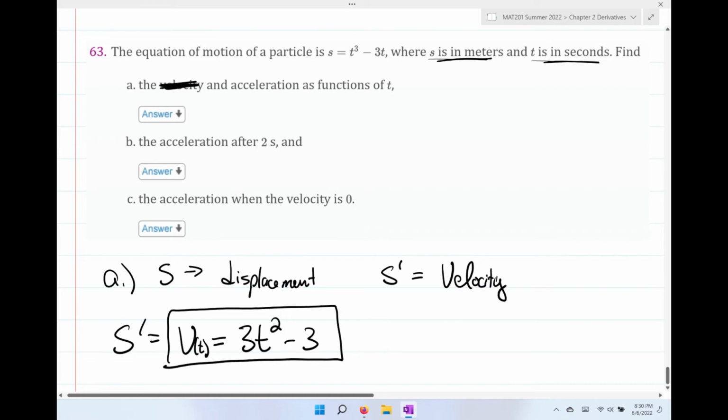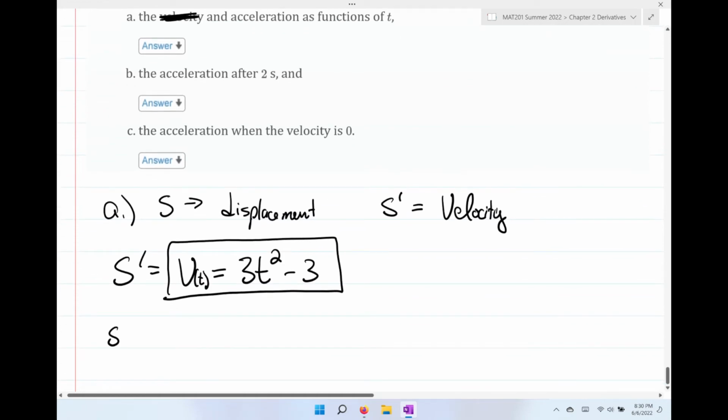Now let's go ahead and find acceleration. The second derivative of displacement is going to be our acceleration, which is the first derivative of the velocity. So all I have to do is take the velocity and take the derivative again. In fact, let me write this out. So s double prime equals the derivative of v, which equals our acceleration.